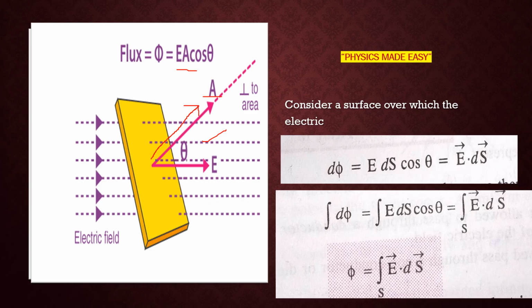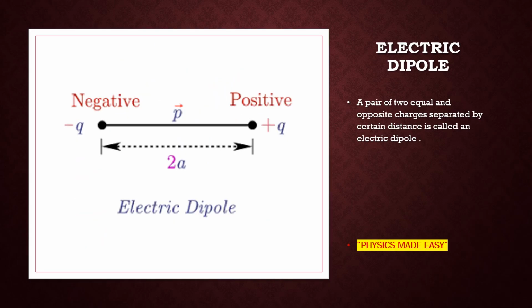So we can say that the electric flux d phi is equal to E dS cos theta if we consider a small element of this complete area. To consider the complete area of this surface, we can take the integral, and the total flux phi is equal to the surface integral of E vector dot dS vector.